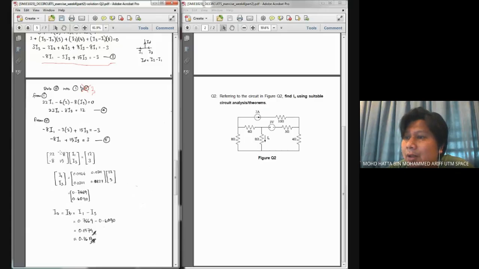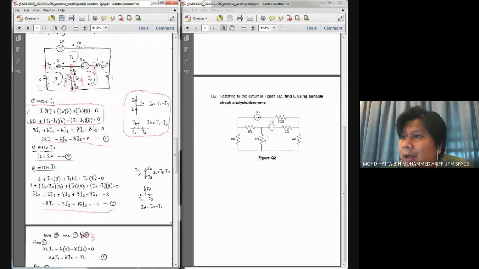So if you look here, consider this your matrix A, and what you have over here is basically the inverse of A. A inverse multiplied with this 2 by 1 matrix will give you the answer for I1 and I3.